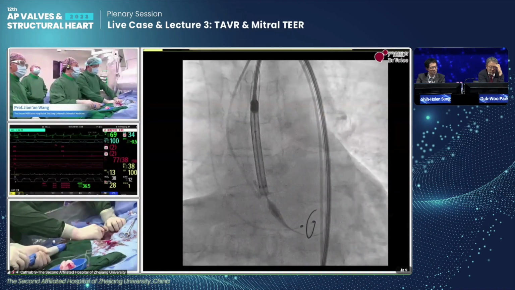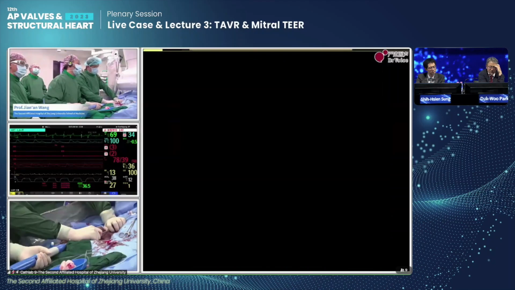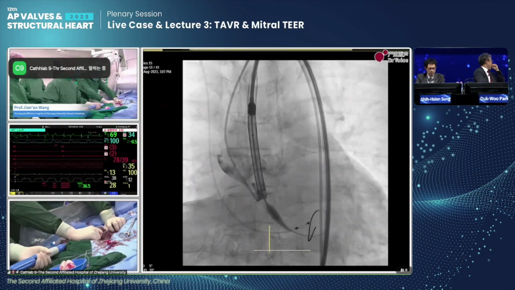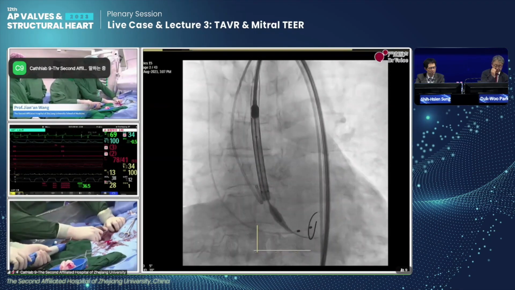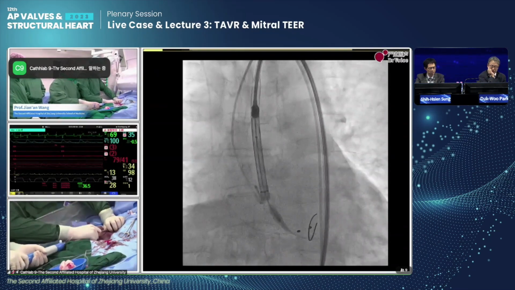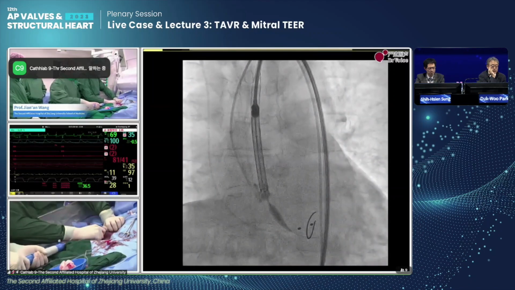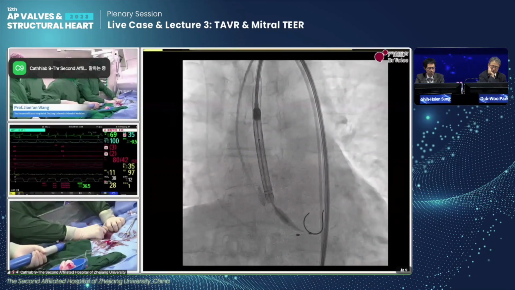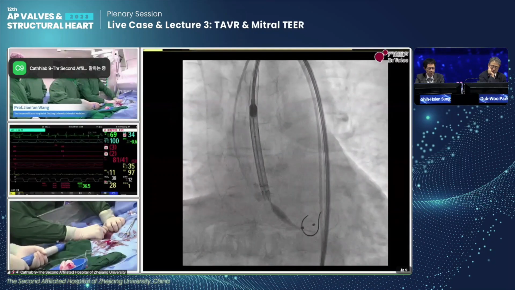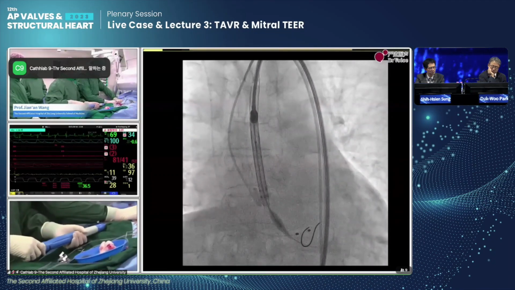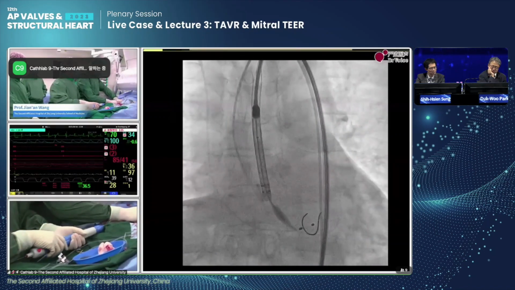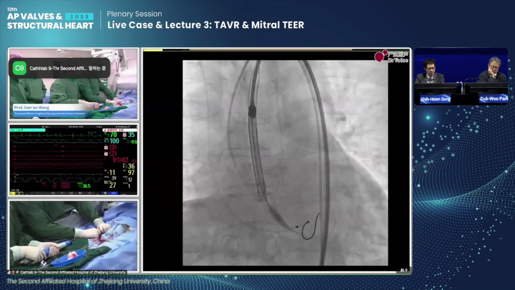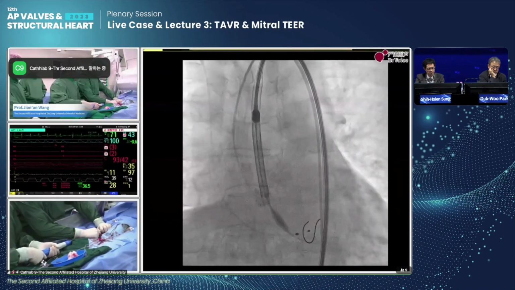For this patient, the angulation is large, so we don't push. We just wait for the device to dive a little bit during the release, and keep the withdrawal tension.